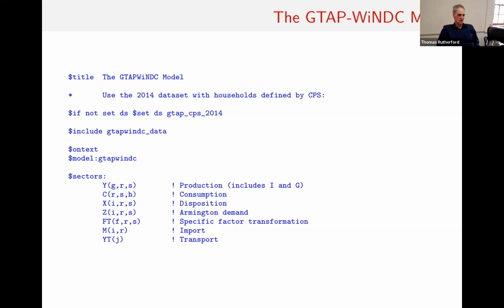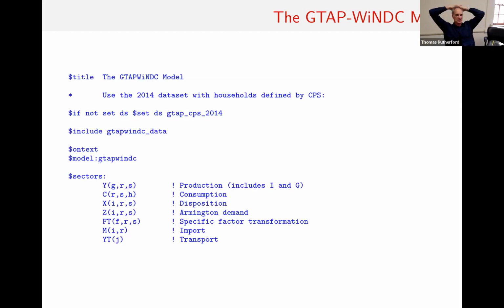In the US, S represents 51 subregions and 5 households, so we have 255 different consumption activities within the US. All other regions in the GTAP-WiNDC data set have just one consumption activity for each R.